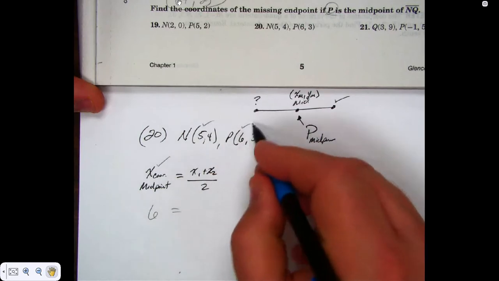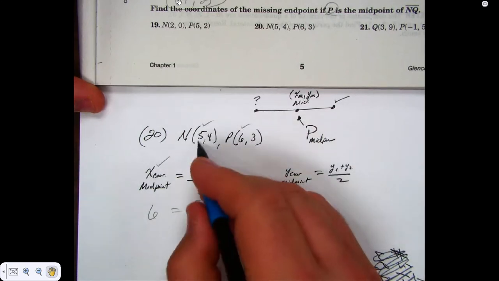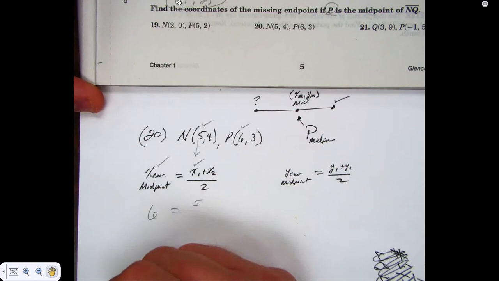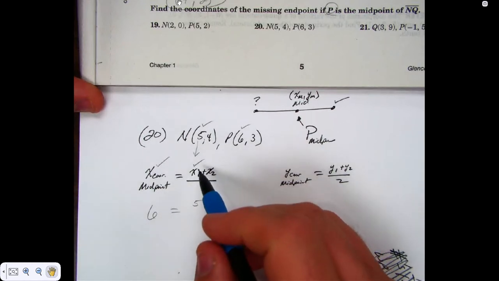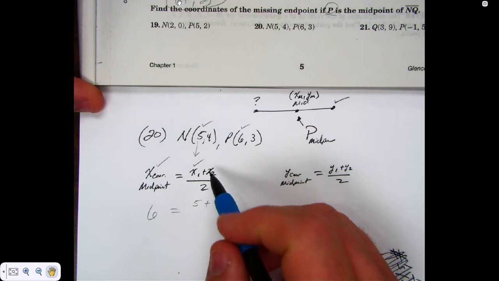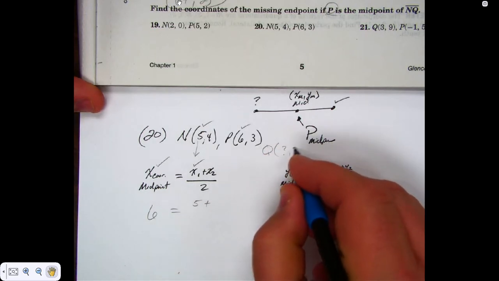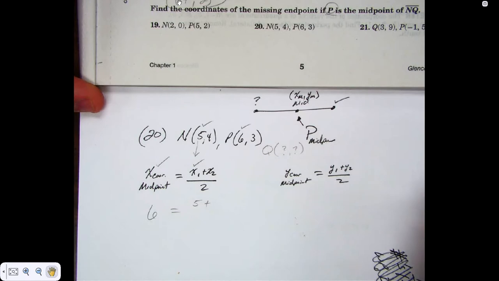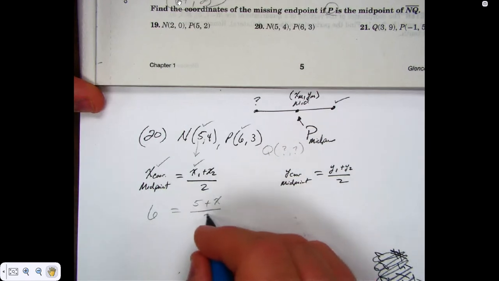That one right there. They've given me 5, right? Agreed? Plus, did they give me the other x-coordinate for my endpoint? That's the one they want me to find. That's the one I don't know. So how about I put x right there. Then I'm going to divide all of that by what?